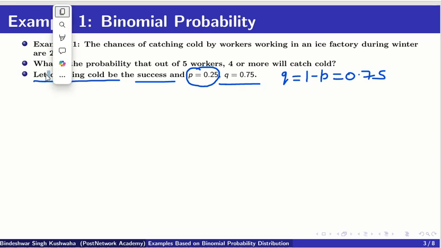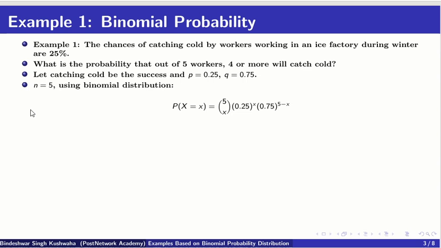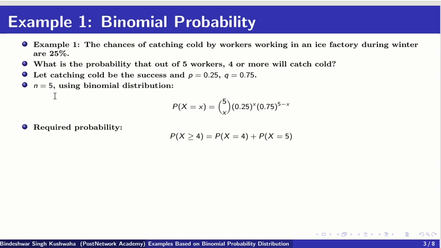Now here n is 5. So we will use binomial distribution, nCx p^x q^(n-x), and the question says that x is greater than or equal to 4.